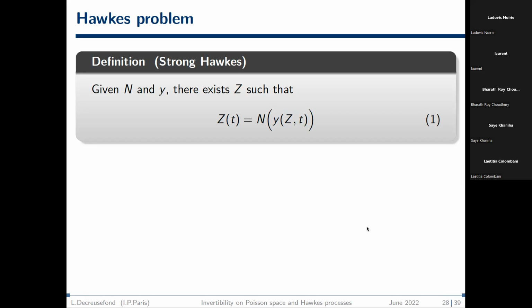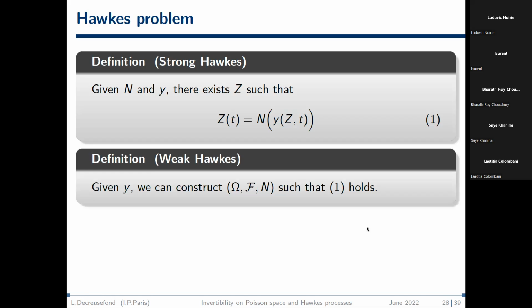Given N a Poisson process and Y a deterministic map from the set of point processes to the set of processes, you have a strong Hawkes solution to the Hawkes problem if there exists, on the probability space where N and Y are defined, a process Z such that Z_t is equal to N(Y(Z)_t). This is the first definition.